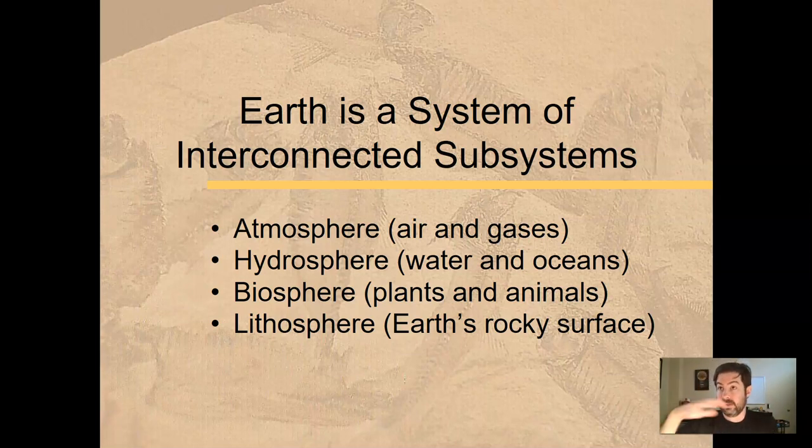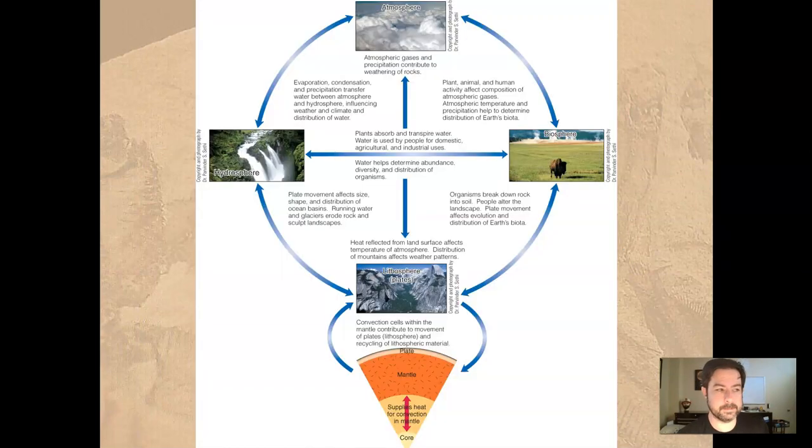Now, the lithosphere is actually driven by what's happening below the surface of the Earth, below the crust: the mantle and the core. But it's really those four spheres, those subsystems that are all connected, that drive Earth as a system.